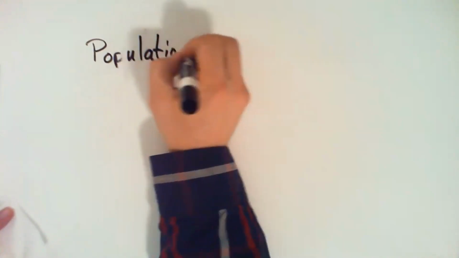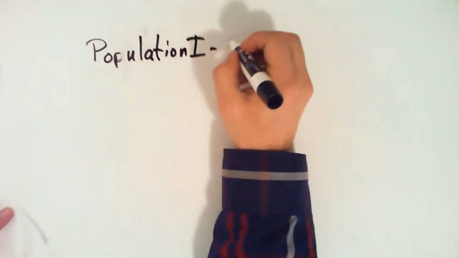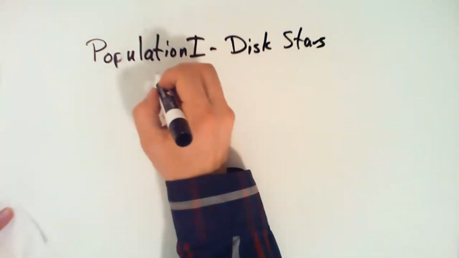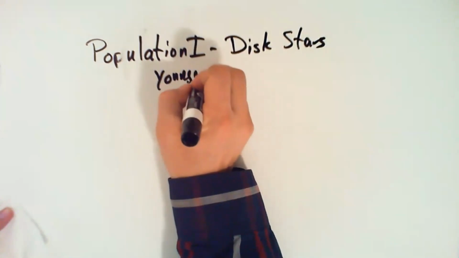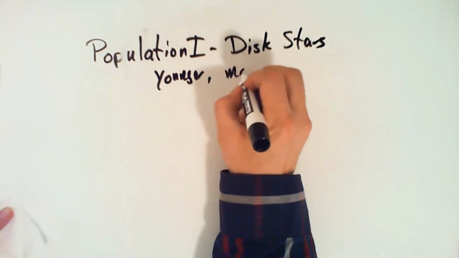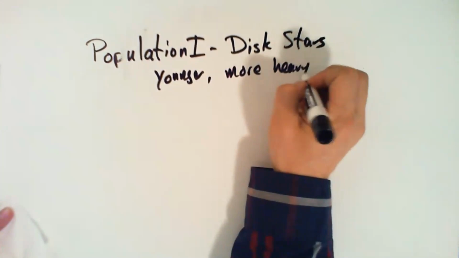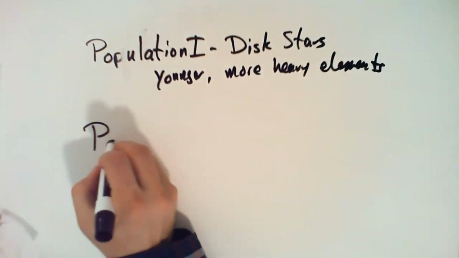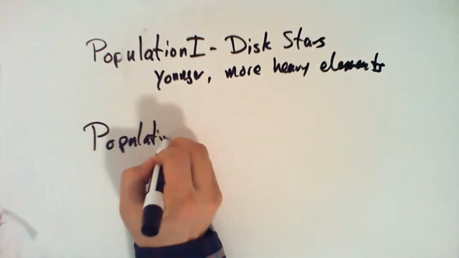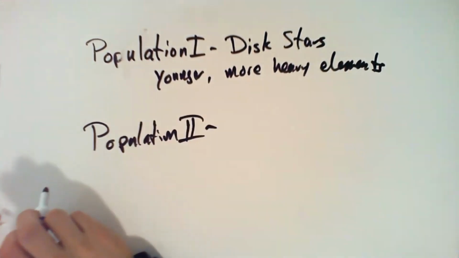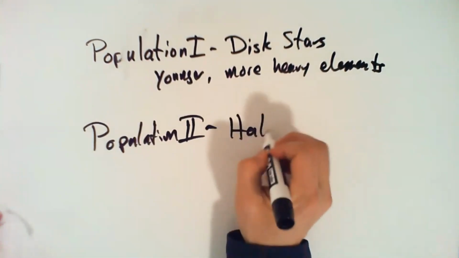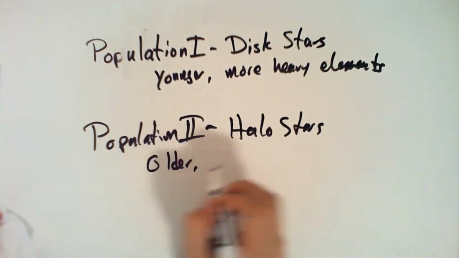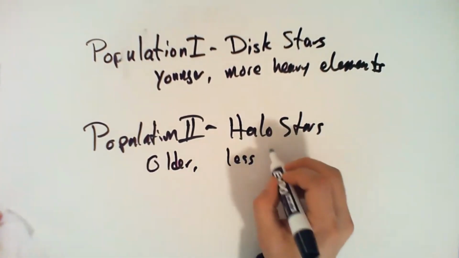Population 1 stars are disk stars. They tend to be younger and have more heavy elements. Population 2 stars, or just POP2 stars, are halo stars. They tend to be older and have less heavy elements.